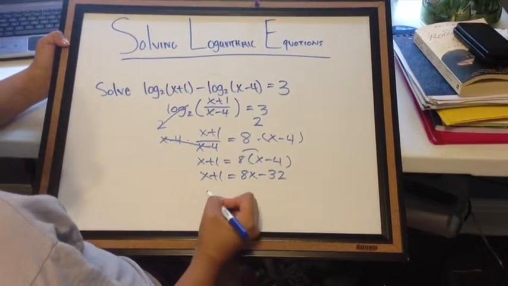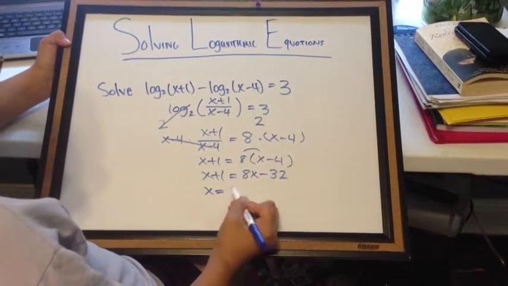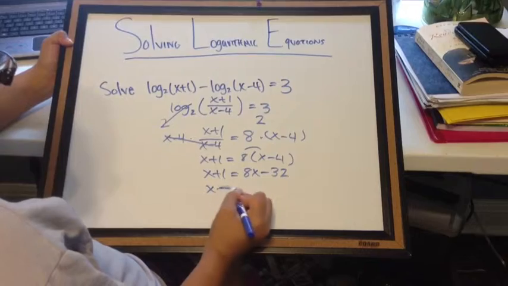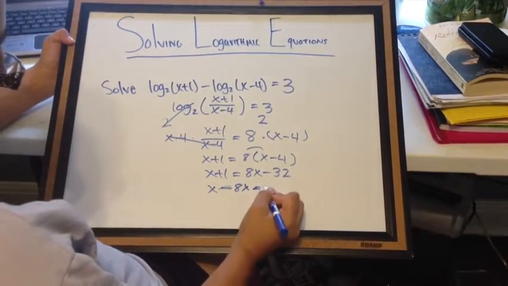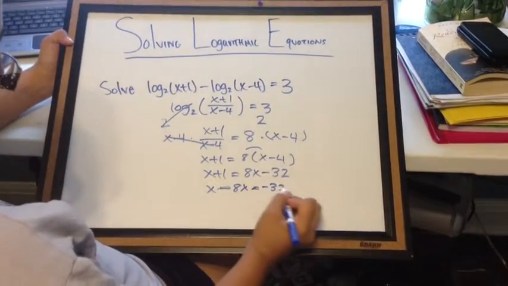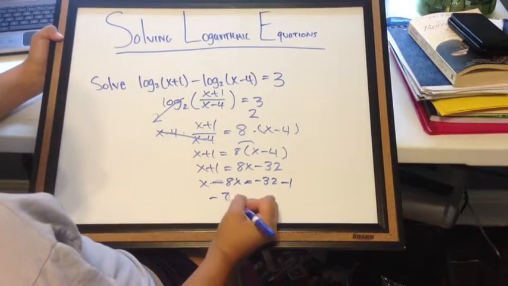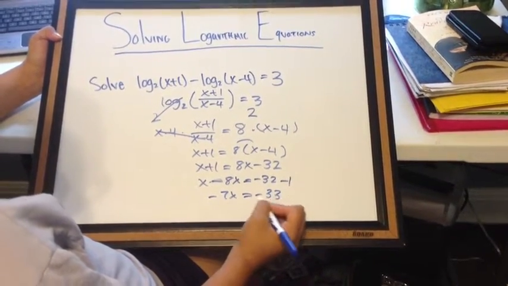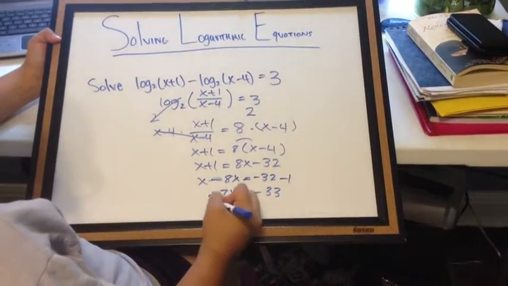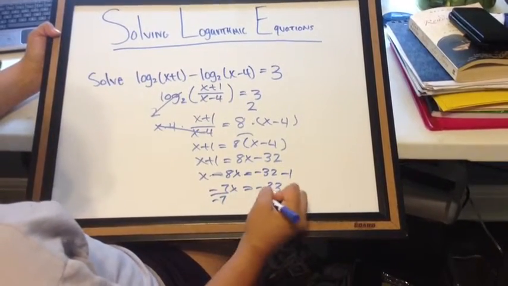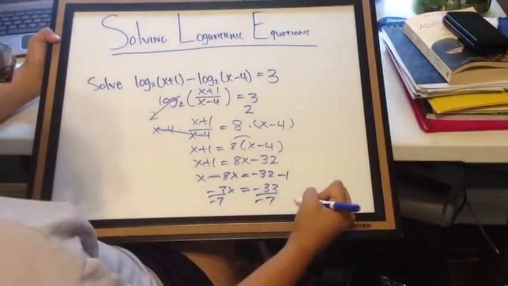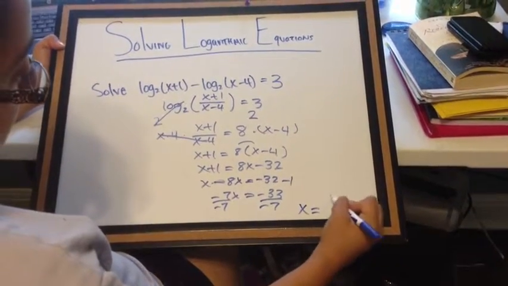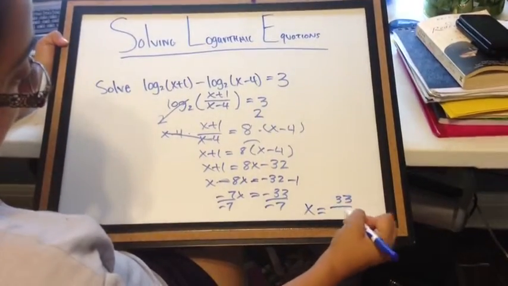And then we have x minus 8x equals negative 32 minus 1, and that's negative 7x equals negative 33. We divide each side by negative 7. And we get our answer to be x equals 33 over 7.